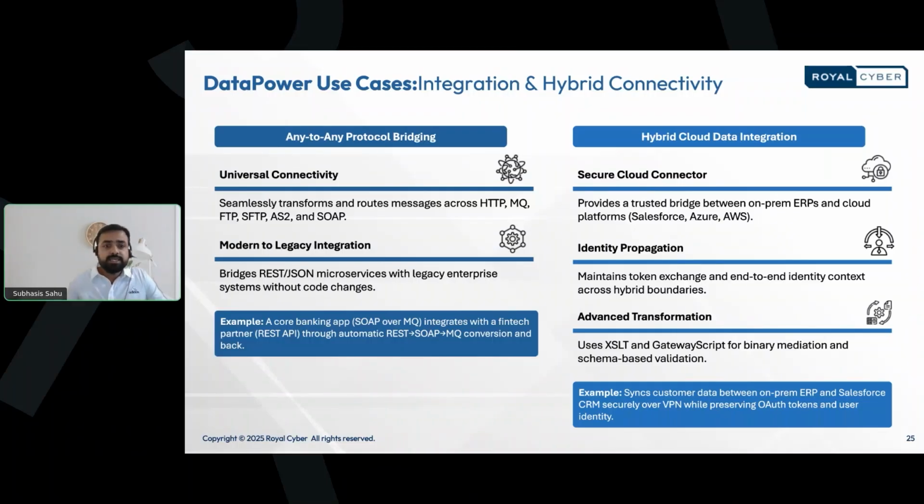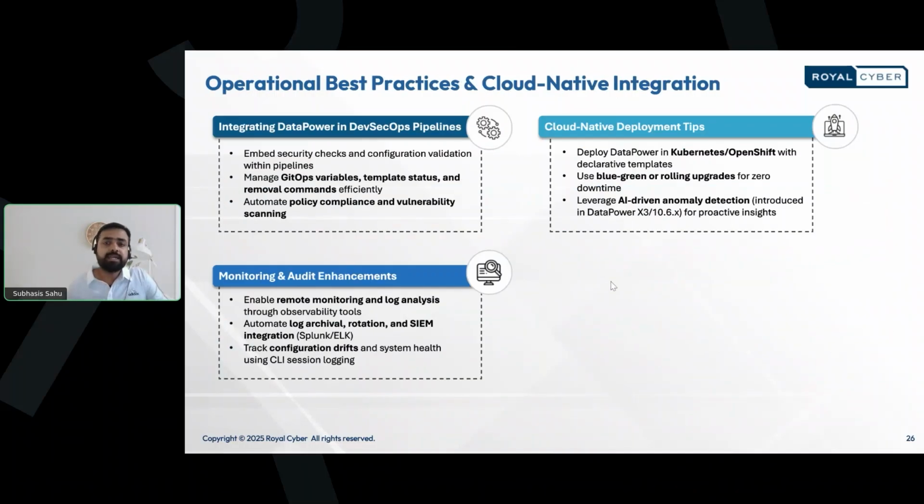Coming to the next slide, that is operational best practices and cloud native integration. When we talk about best practices, DataPower has DevSecOps already embedded within it. It directly automates the security checks and policy validation before deployment, managing everything through grid variables and automatically scanning for configuration compliance.